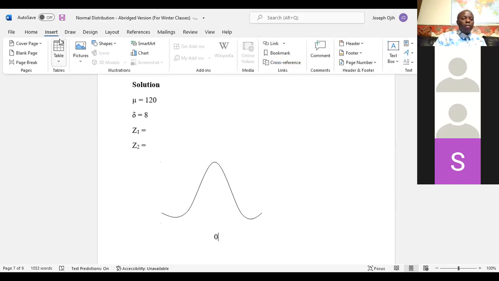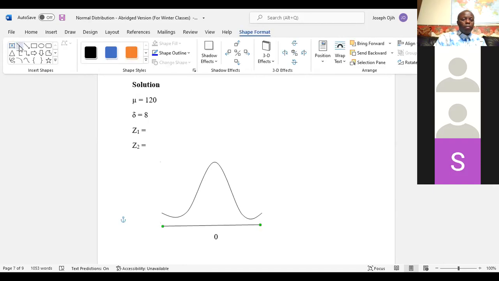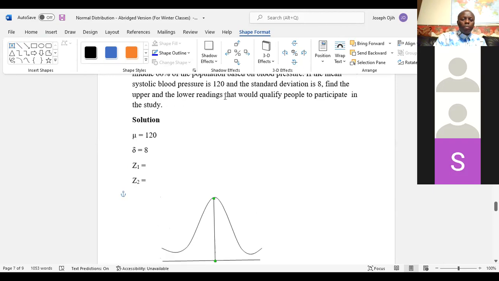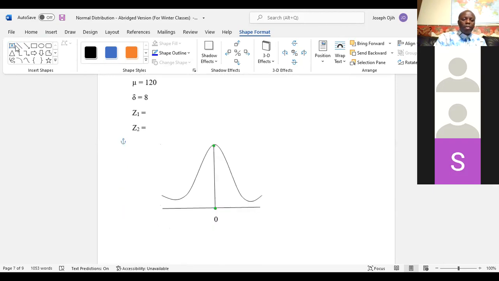Then we put our center line and the axis. So I'm gonna put the axis first, and then the line that represents the mean. Okay, see the middle 60%. That means the left side will be 30% and the right side 30%, so that you can get the middle 60%.